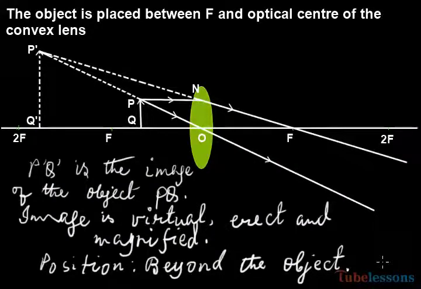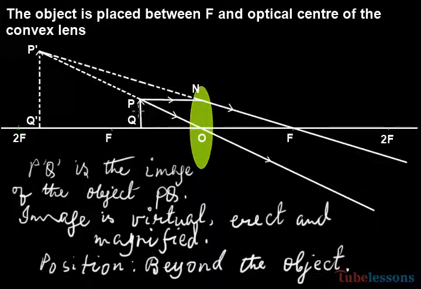Now you see that the object is continuously moving forward towards the lens. Now the object is placed between focus and optical center of the convex lens. You see PQ is the object here, and it is placed between the optical center and the focus of the convex lens.